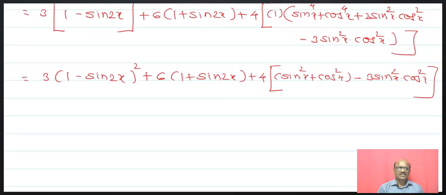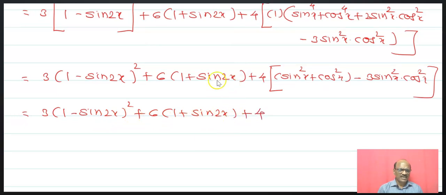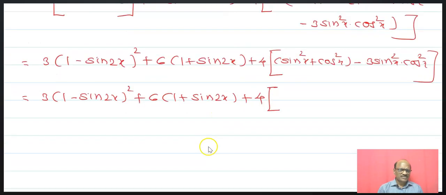That's why you will get 1 minus sin of 2x, whole squared, plus 6 times sin of 2x as it is, plus the 4 in bracket that we have taken. Now here the value is 1 and minus 3 sin square x into cos square x.